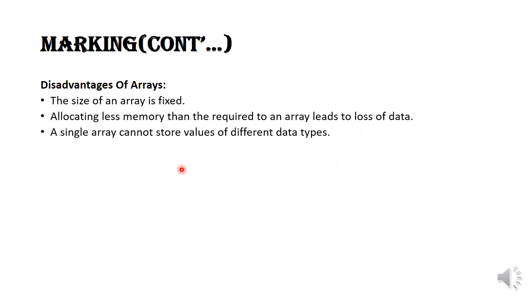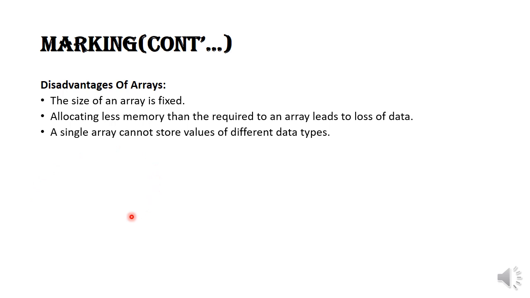A single array cannot store values of different data types. Arrays are only used to store similar elements, or elements with the same data types. It means that you will create arrays of characters, or arrays of integers.